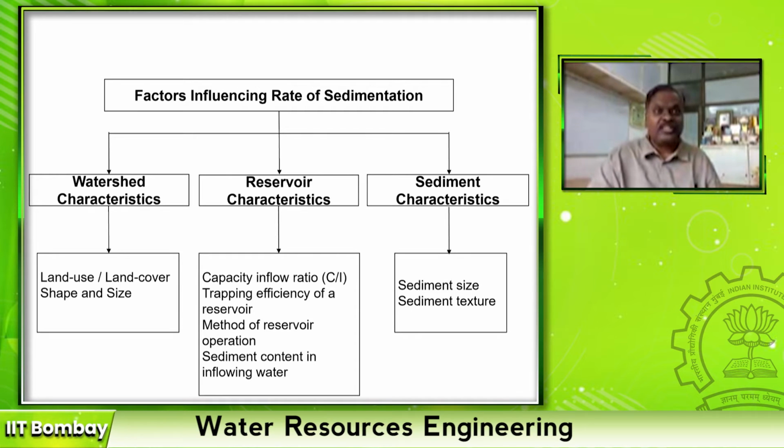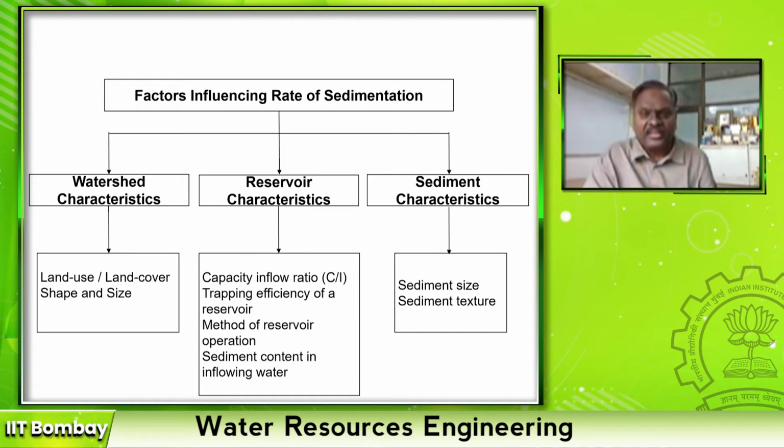Then you are trapping more and more sediments. That is called the trapping efficiency of a reservoir. How much sediment is incoming into the dam and how much is outgoing? Then what is the ratio of sediments that are trapped? That is called the trapping efficiency of a reservoir. We will see that in detail.